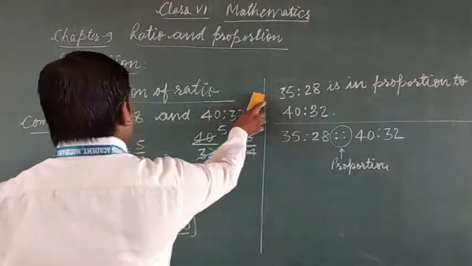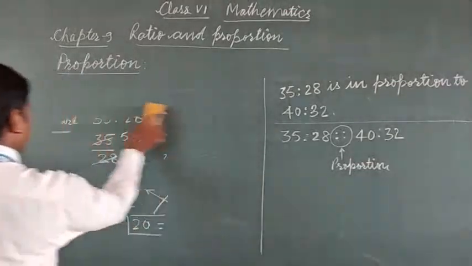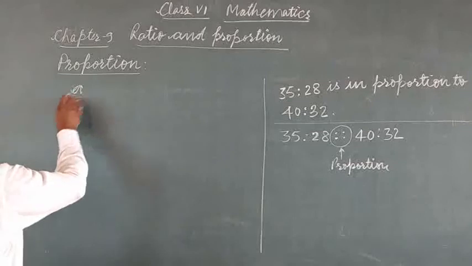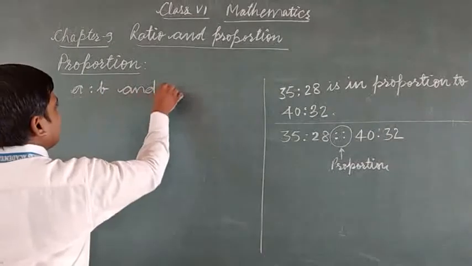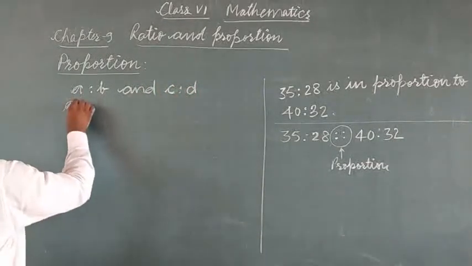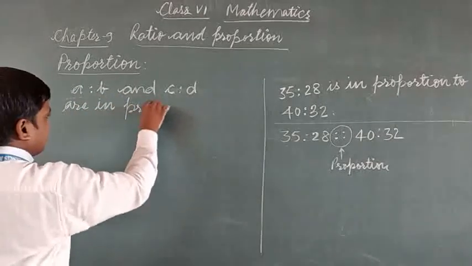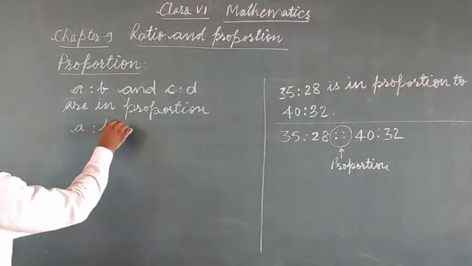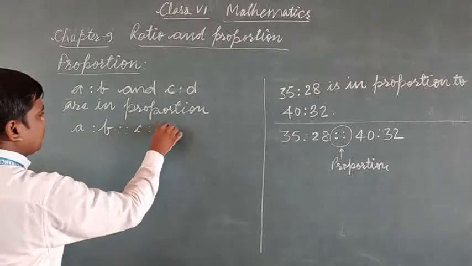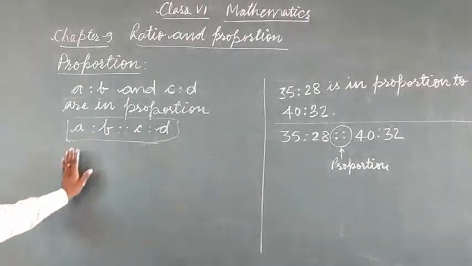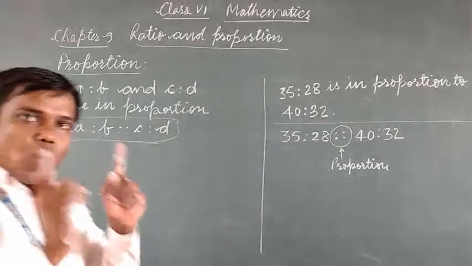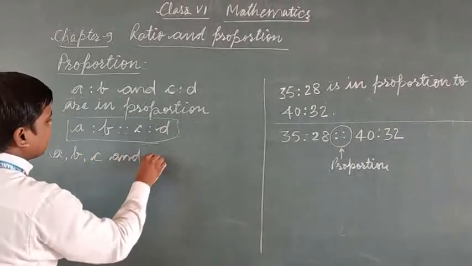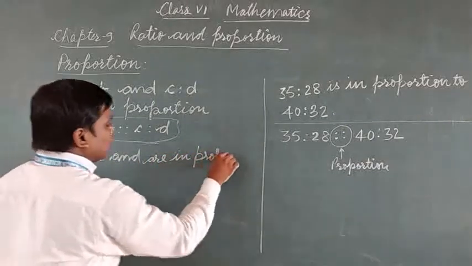In general way, if we are having two ratios in proportion, means A is to B and C is to D are in proportion, we can write as A is to B proportion to C is to D. These four terms written here are always in order, means A, B, C and D are in proportion.